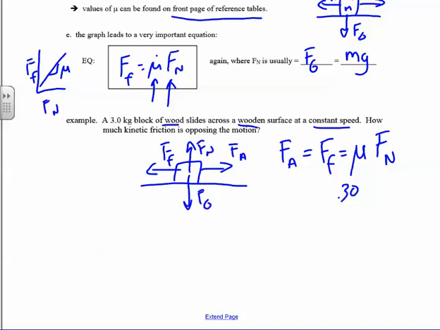So the normal force is m times g, which is going to be a little less than 30 newtons if I call g 10. So if I do 0.3 times 30 newtons, I see that the force of friction is 3 times 3, 9 newtons. Okay, so that's really the simplest way that you can use the FUN equation. All right, let's move on.